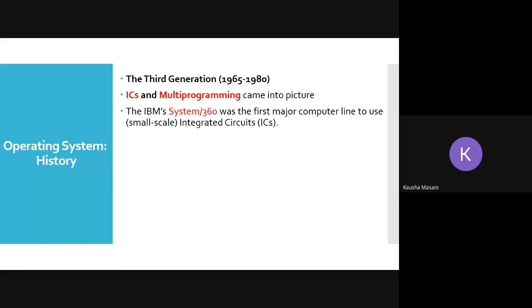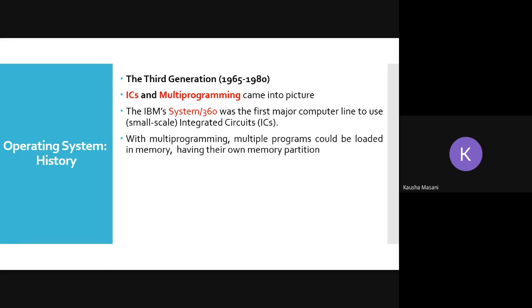So the answer is correct, that in the third generation, IBM's System 360 was the first major computer. Then there were variations. There was 370, and then Intel came into the picture and all. But when ICs came into the picture, IBM's System 360 was the first major computer using integrated circuits.